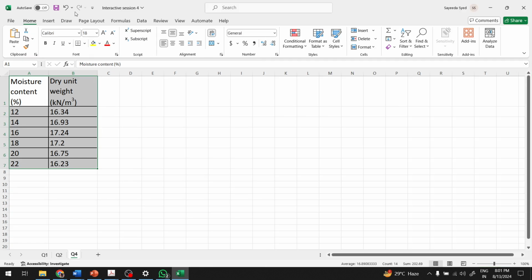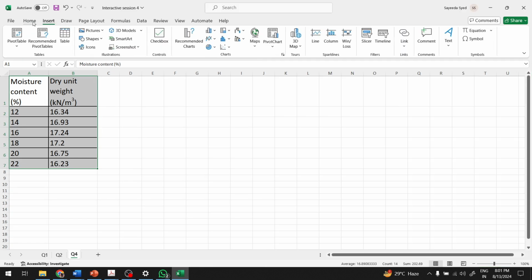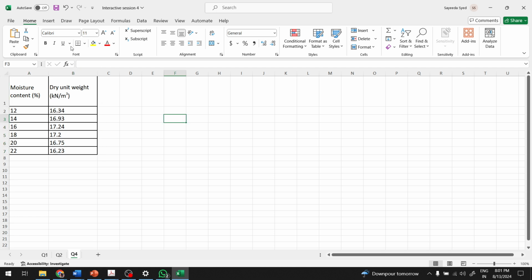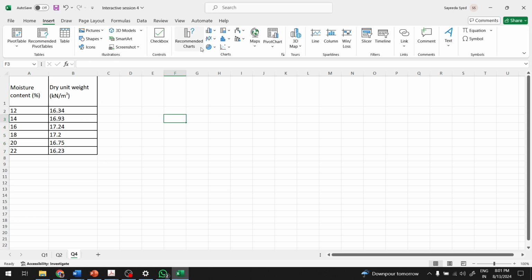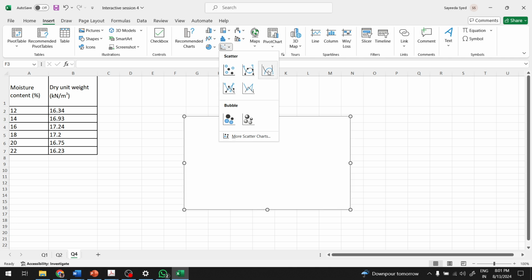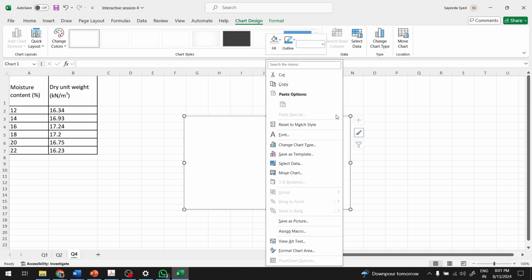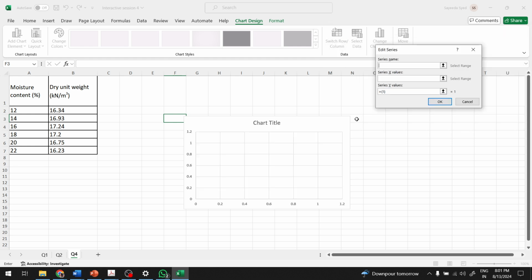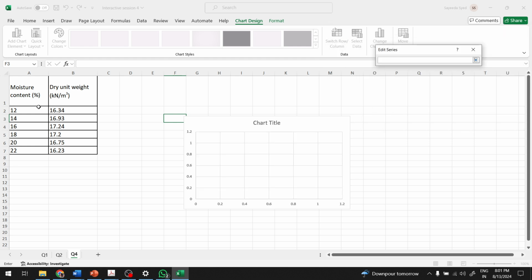Let's do that first. We are inserting a plot. On the x-axis, we will have the moisture content data. On the y-axis, we will have the dry density.